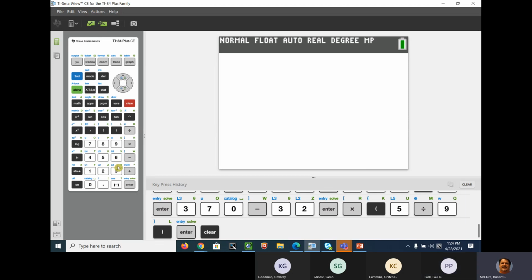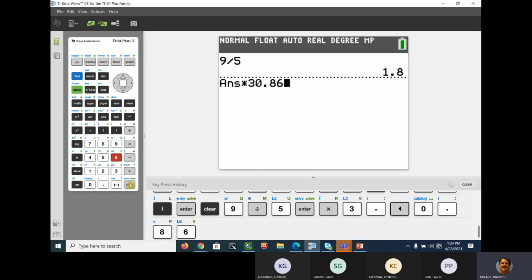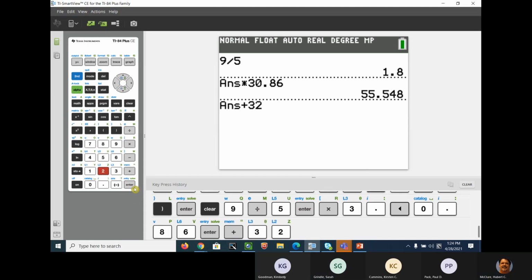Hold on a second. 9 divided by 5 multiplied by parentheses 30.86 and added to 32. 87.548.